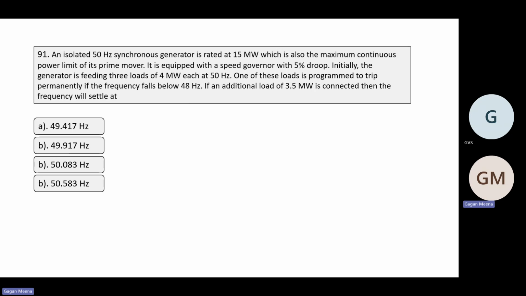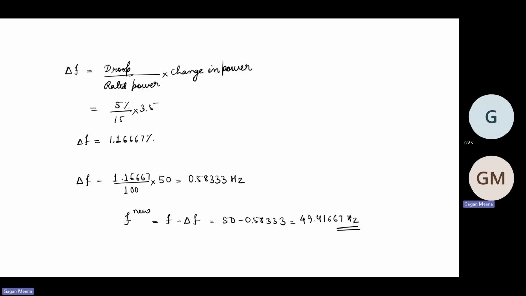An isolated 50 Hz synchronous generator is rated at 15 megawatts, which is also the maximum continuous power limit. It is equipped with a 5% speed governor. Initially, the generator is feeding 3 loads, and one of these loads is programmed to trip if the frequency falls. If an additional load is connected, what will the frequency be? It is the same formula we are using here: delta F is droop divided by rated power times the change in power.